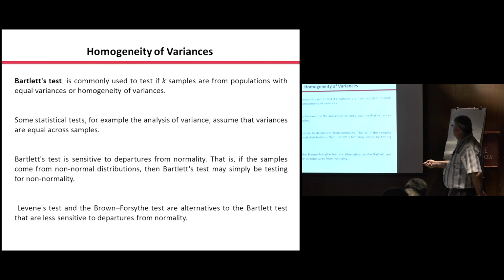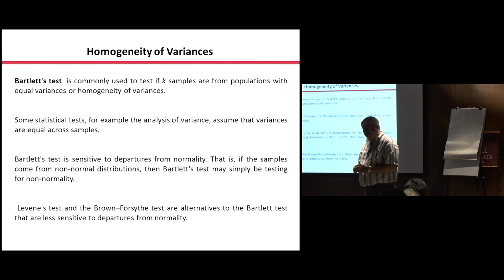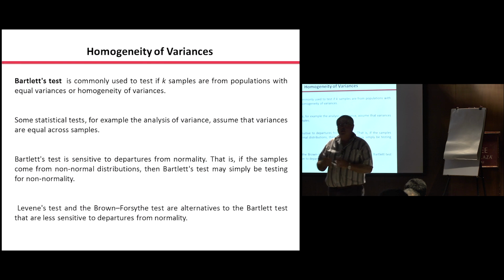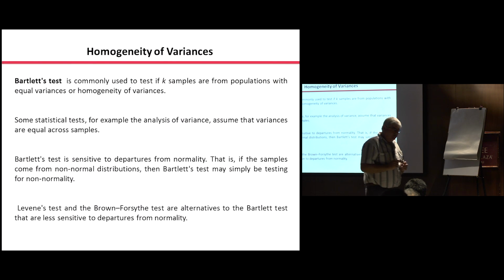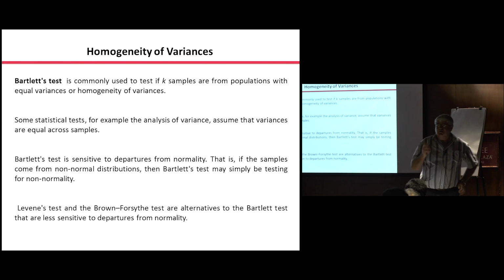That tests for the homogeneity of variances, and there are various other ones like Levene's test, Brown's test, and so forth. Every stats program will have options, and they all come down to the same thing. The question is, are our data normal? So that's the first point I want to make, so that you do not make incorrect assumptions, or what we call type 1 and type 2 errors.